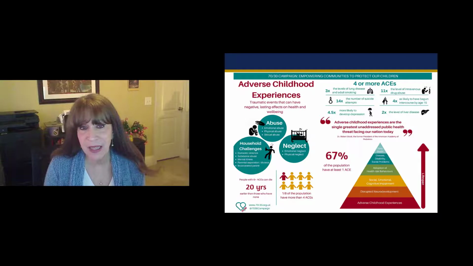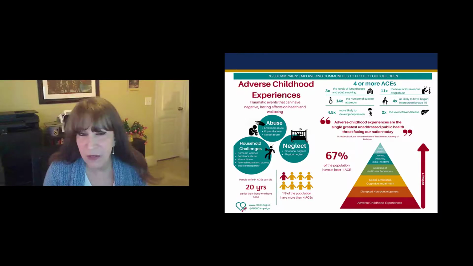How about 4 or more ACEs? When you have 4 or more ACEs, 3 times the level of lung disease, remember chronic disease, and adult smoking. 4 or more ACEs is associated with 11 times the rate of intravenous drug abuse. 4 times as likely to have intercourse by the age of 15. 2 times the level of liver disease.